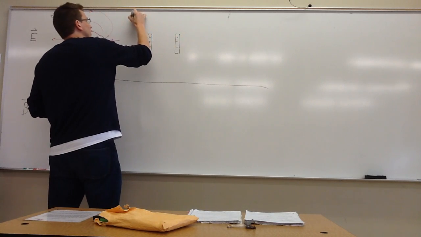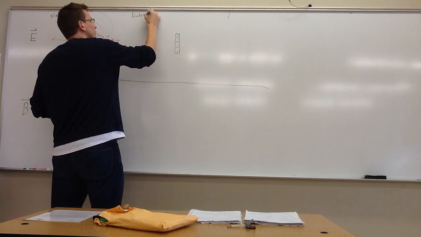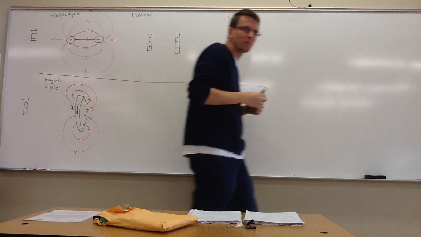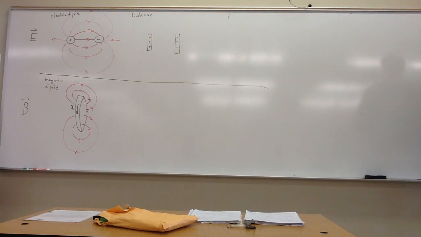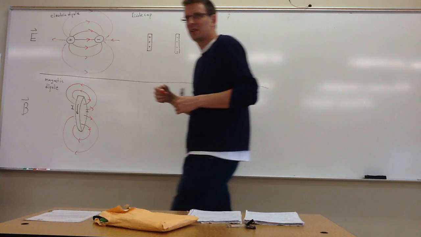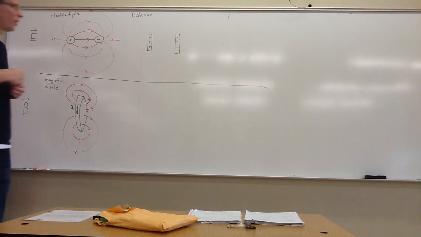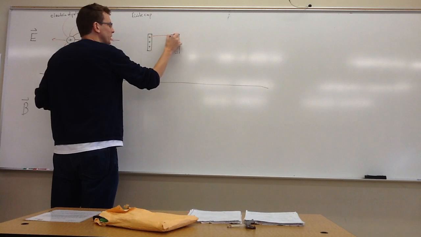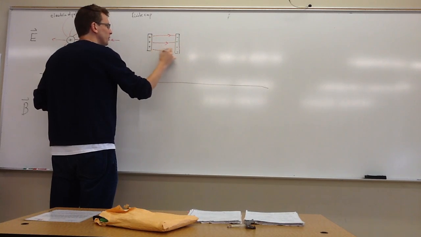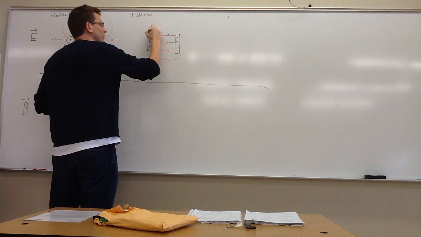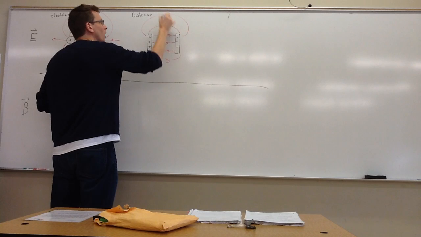This was what we call the finite parallel plate capacitor. I think you did this in your electric field mapping lab: you plotted and found that the electric field was pretty close to uniform between them, and then had this lobey shape on the outsides.